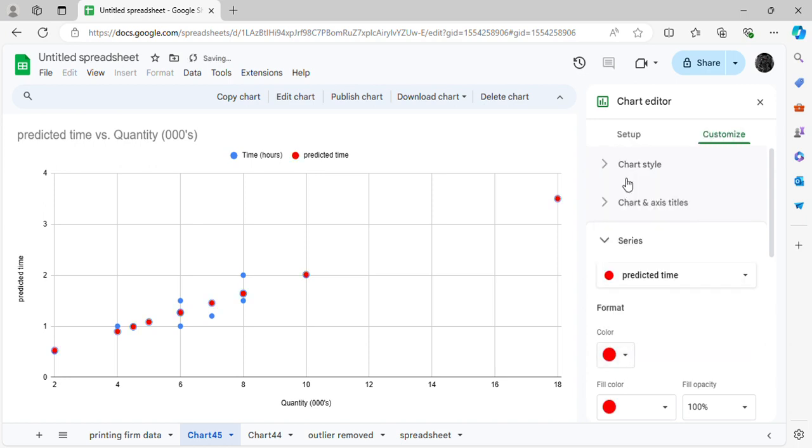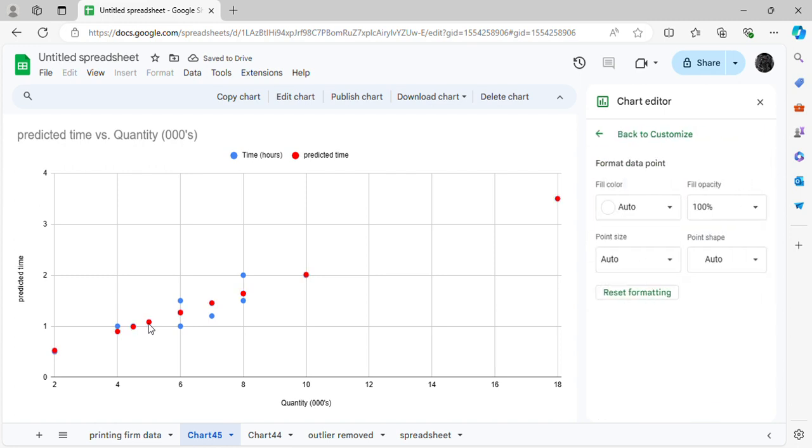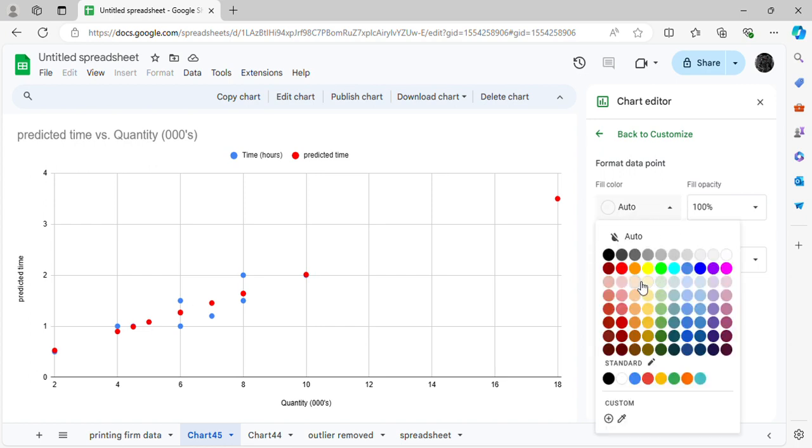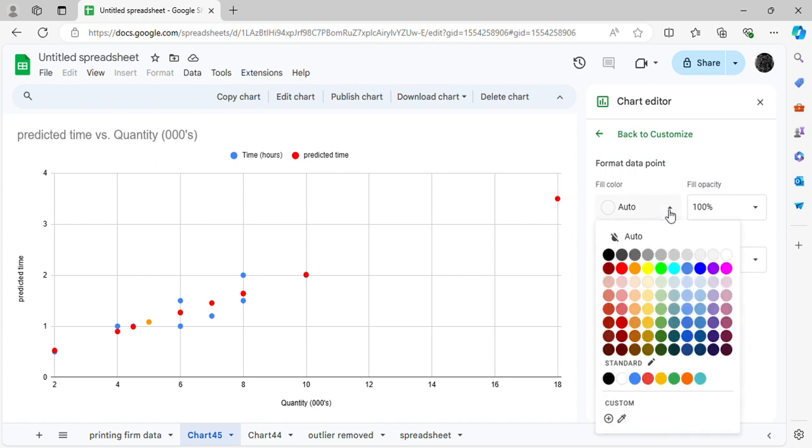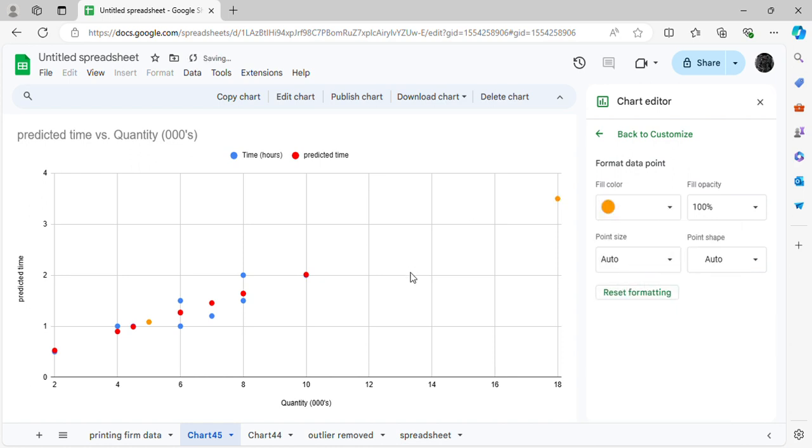We just want to color one particular circle over here, this bullet point. So by clicking on it, we can color that. And we also want to color this predicted time for 18,000 sheets. So click on that circle, and this format data point comes up. So color that orange.